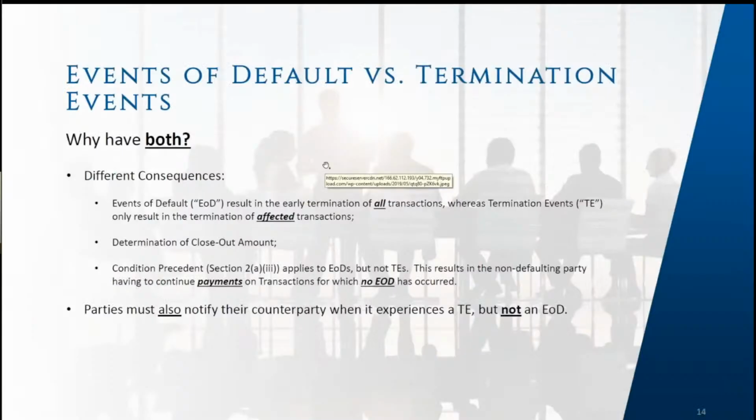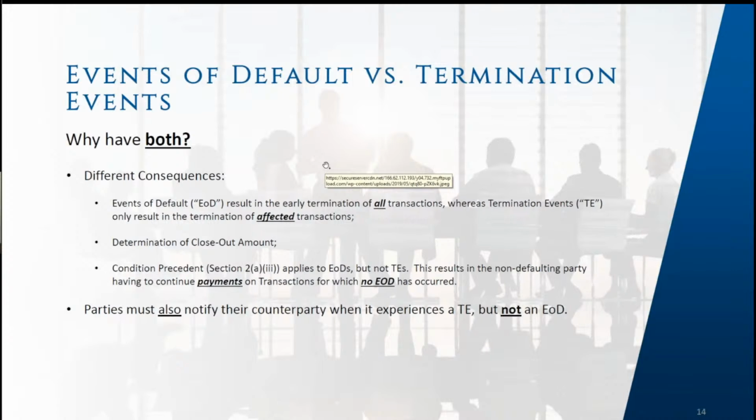Before we talk about the specific events of default and termination events, I think it's important to clarify why we have these two concepts. What's the difference between an event of default and a termination event? I guess the distinction is rather simple. An event of default usually means something has gone wrong at a certain party, and the consequences of that are a little bit more severe.